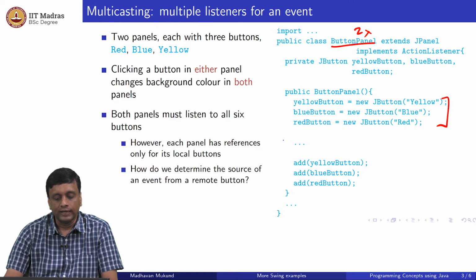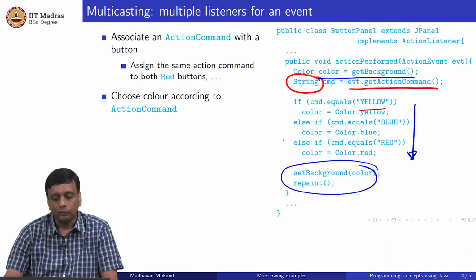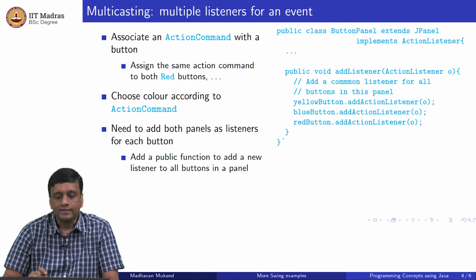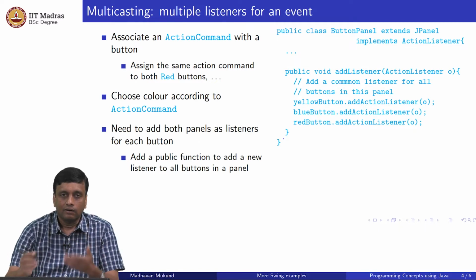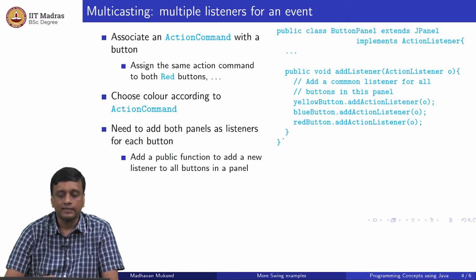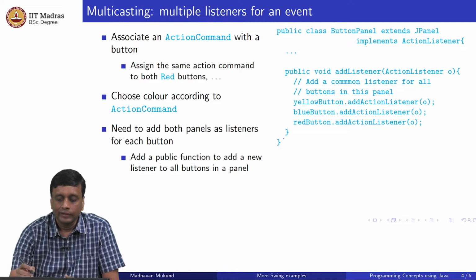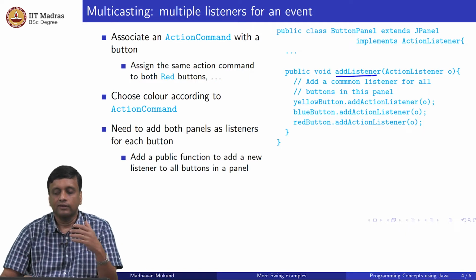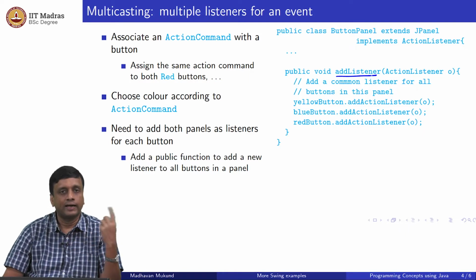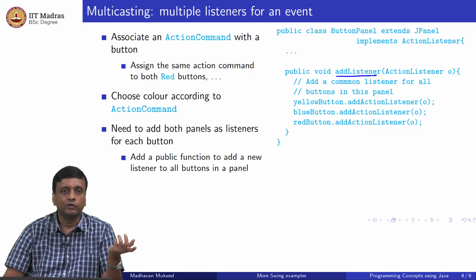So the solution to that is that we actually create a separate public function inside this panel class, which allows it to receive the name of a button to which it must listen. So we can add a listener. Earlier we had a button to which we added a listener. Now we are adding a button to the listener.